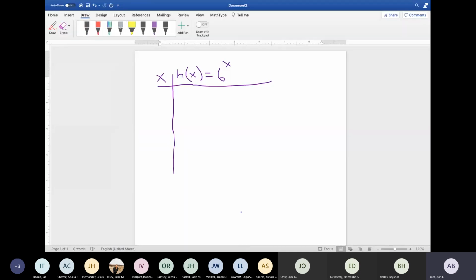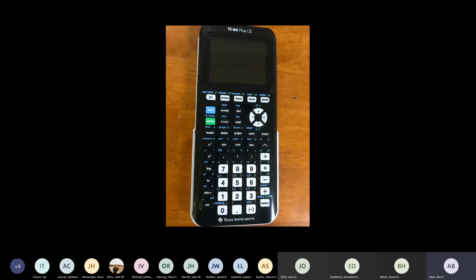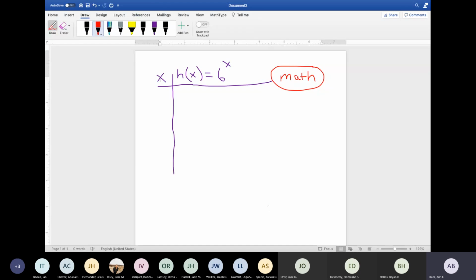We use these keys: the math key, it's in the first column, M, A, T, H, followed by the enter key twice. Here's the enter key, bottom right of the calculator, followed by the enter key two times.